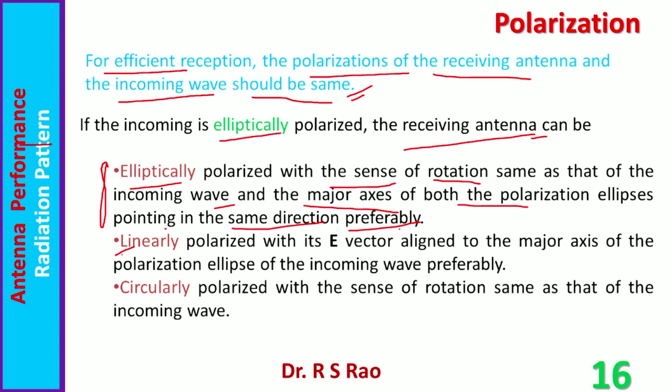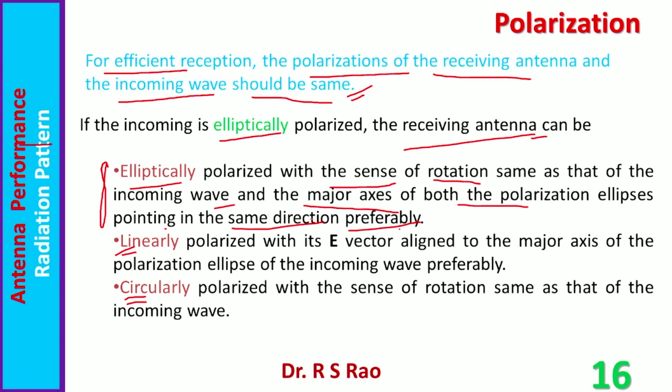Two other situations are being mentioned here. In these two situations, the performance of the antenna is suboptimum. The first one is optimum, the second one is suboptimum. Optimum performance exists when polarizations match perfectly.